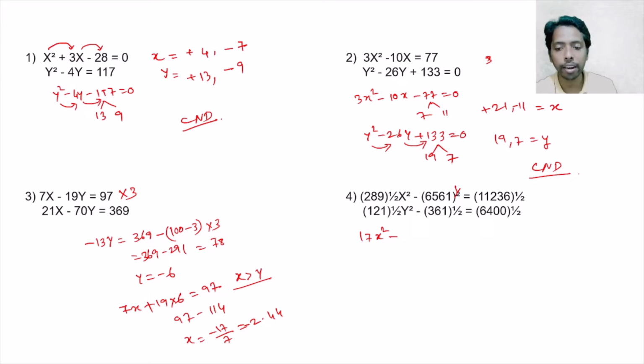Whenever you get this kind of number and you may not have enough confidence to find the actual square root, just check the nearest square, that is 80 square, 6400, and this is very close to that. That means it should be 81, and even more you can check that the unit place is 1, and 81 into 81 also gives 1, right?